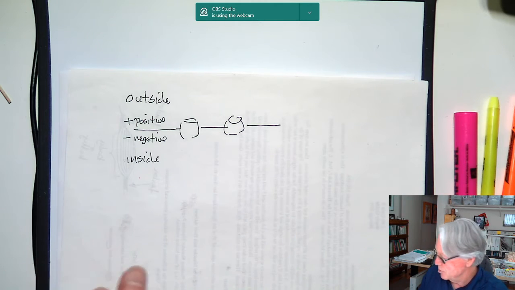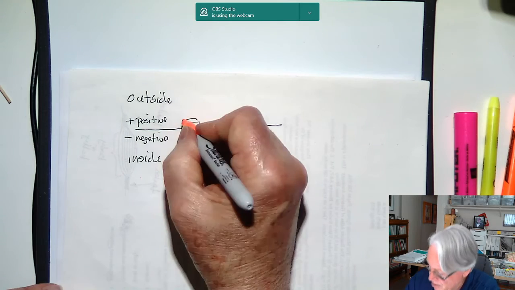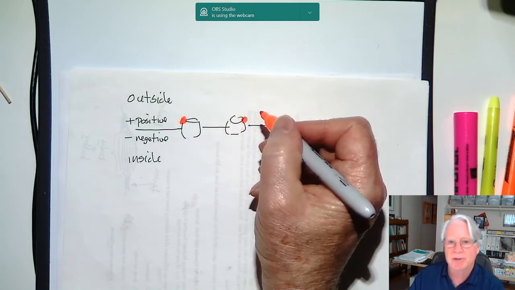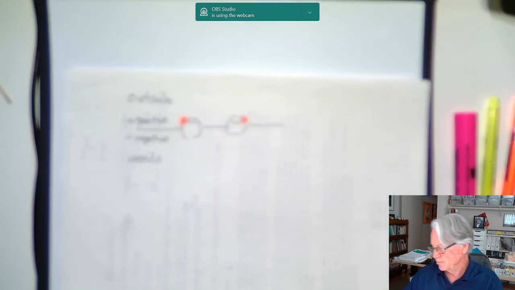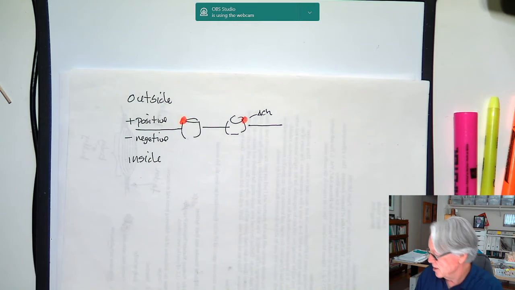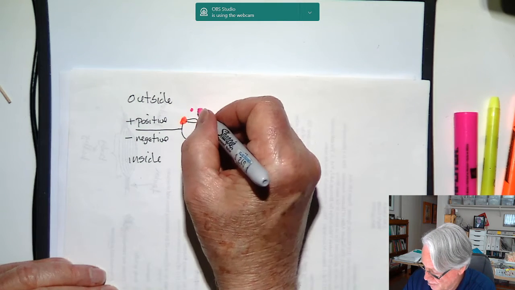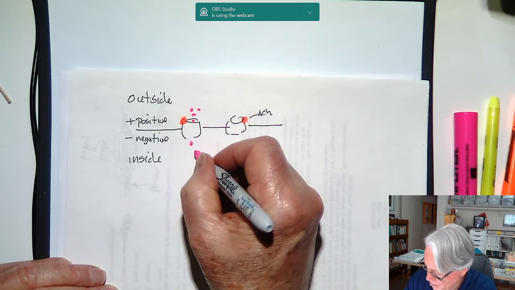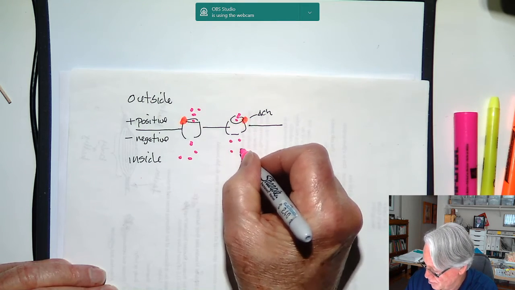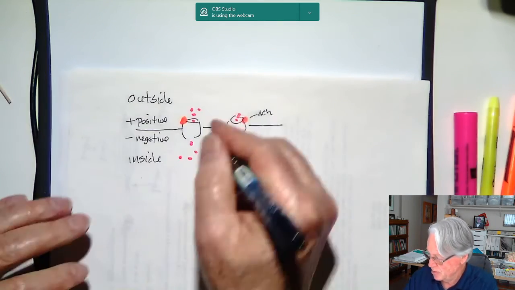And what we're going to do is we're going to bind, and I believe I was using this color, we're going to bind to these receptors, acetylcholine. And that's going to allow sodium to flow into the cell.